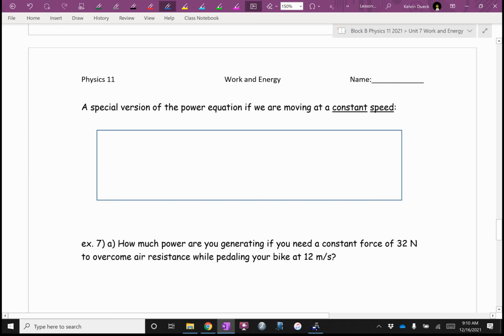Turn the page. Or next page over. There is a special version of the power equation if we are moving at a constant speed. So what's power? Can everybody in this box write power equals work over time?